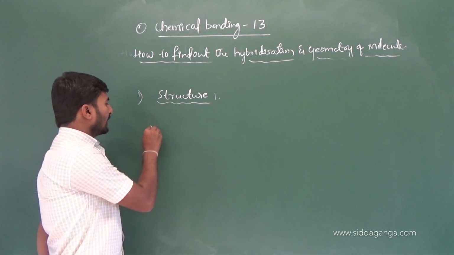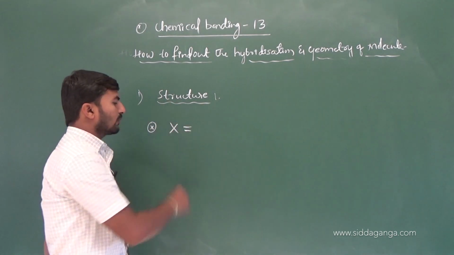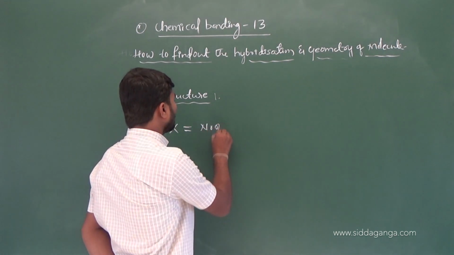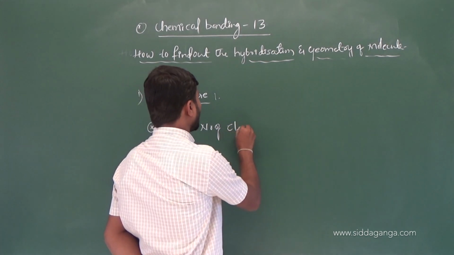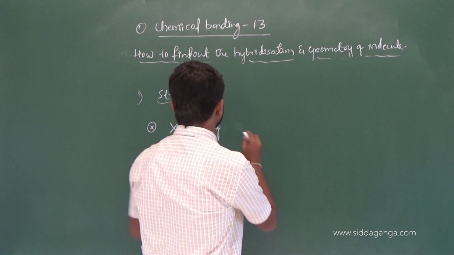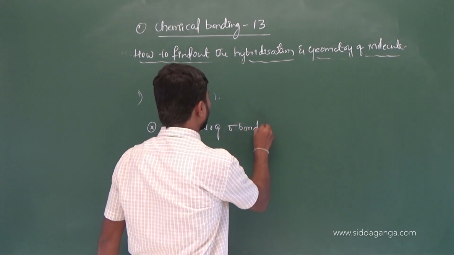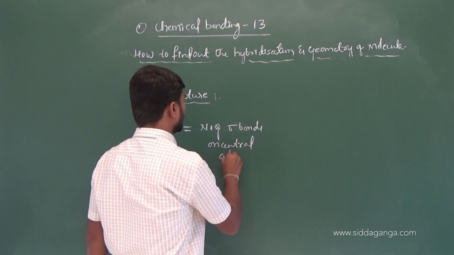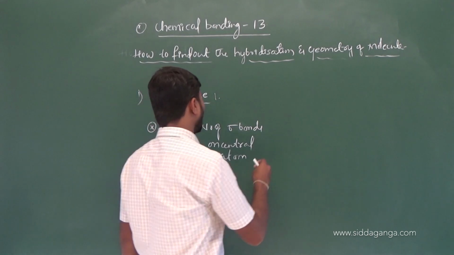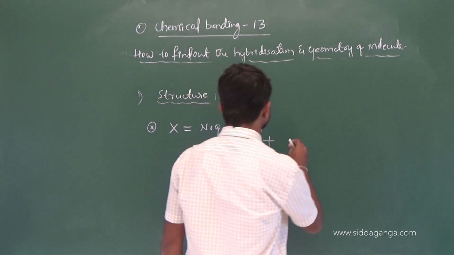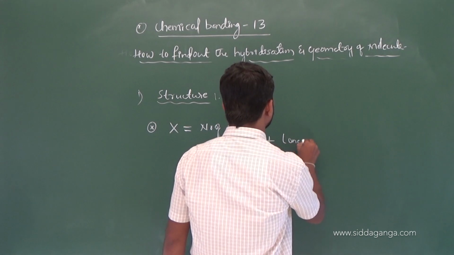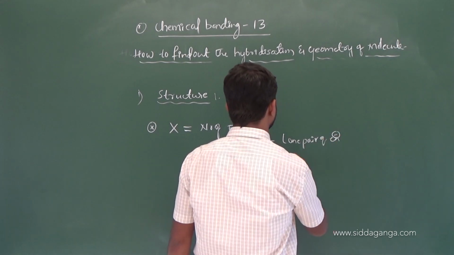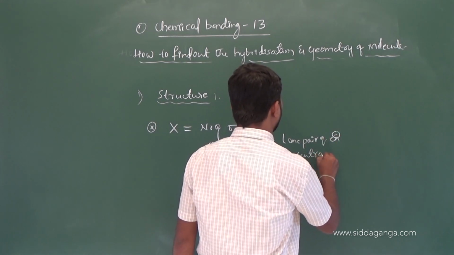This can be calculated by using a small formula, that is x is equal to number of sigma bonds on central atom plus lone pair of electrons on central atom.